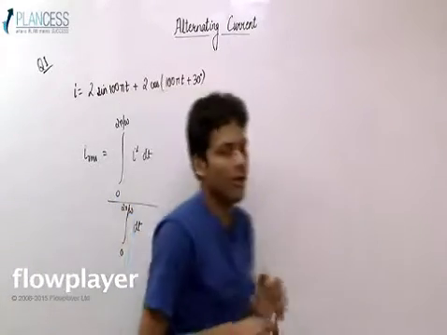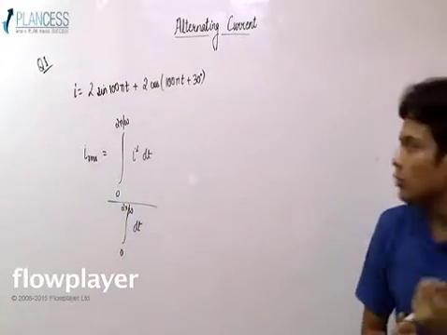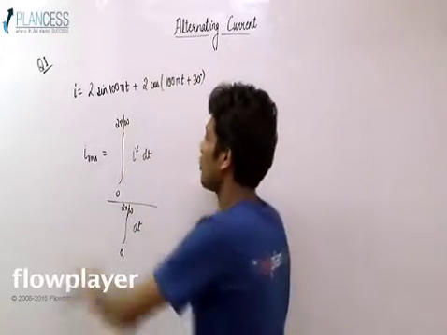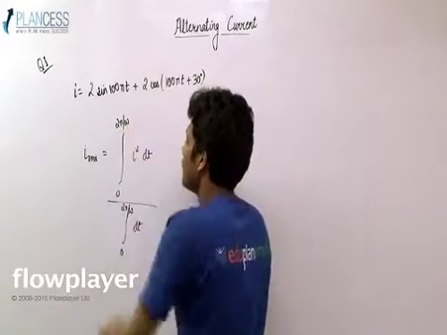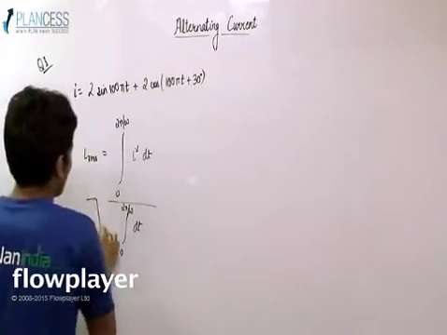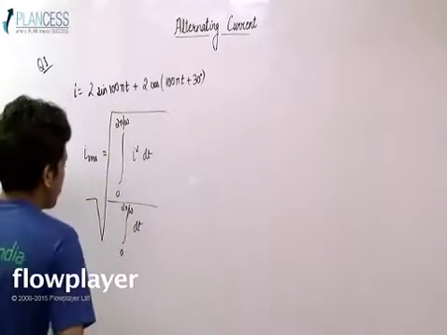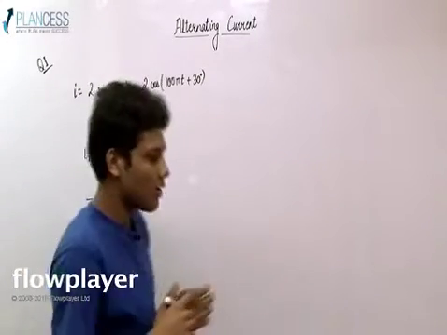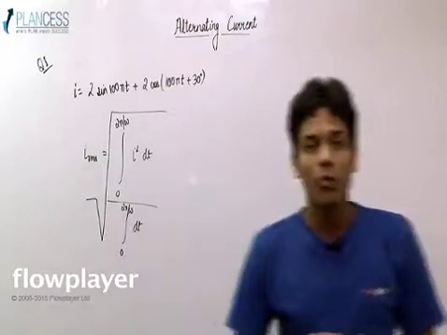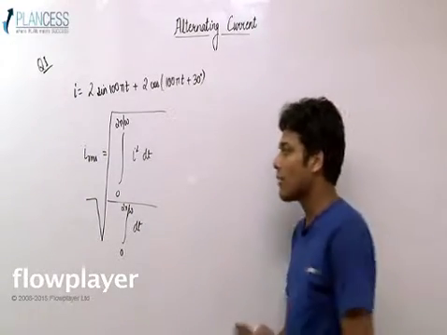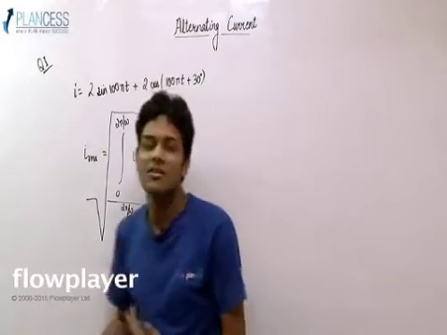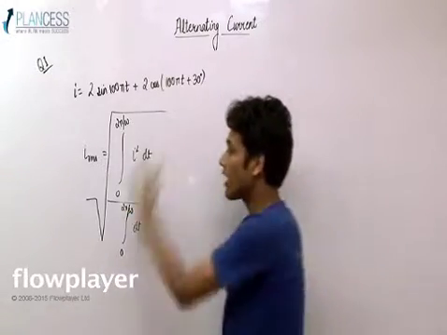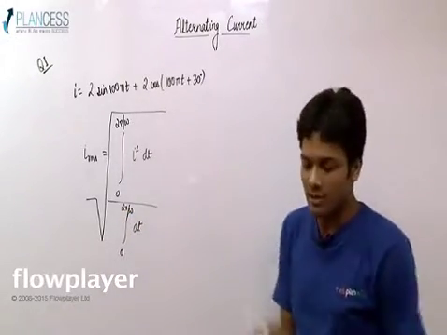So this is one way of calculating the I RMS, wherein you write the function of I as a function of time, you square it, take the average, and then after that you take the root of the whole thing. But we won't be doing it that way because that method is pretty long and tedious. It's a tedious job to do all the calculations and come to the final answer.